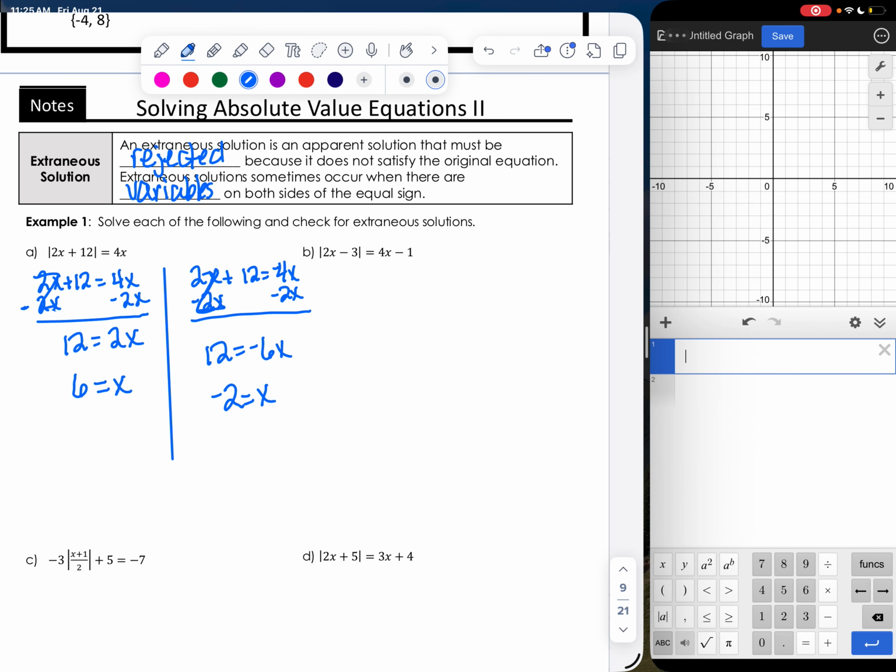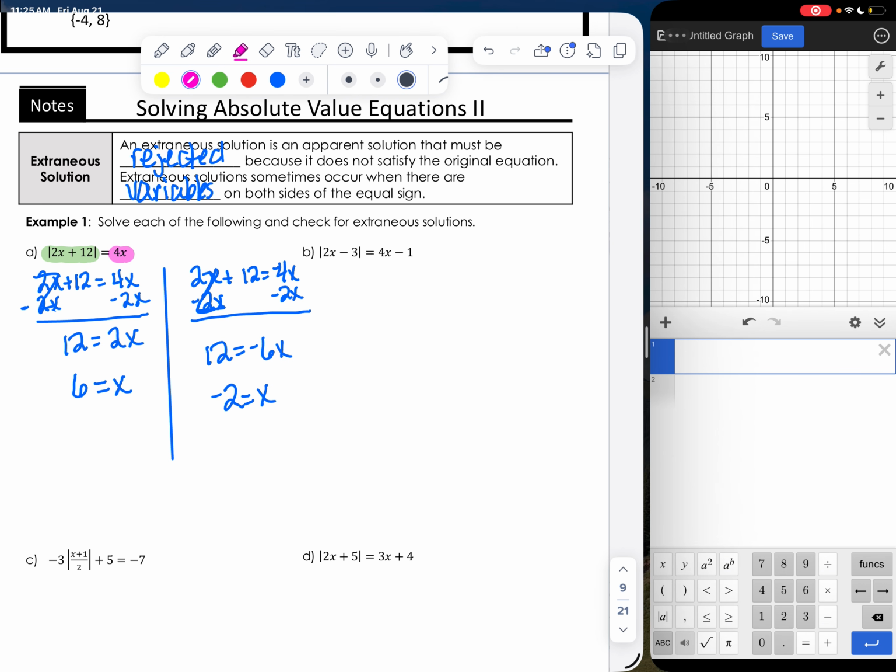So we have two solutions, and we want to check to see is one of them extraneous, or both of them extraneous, or maybe they're both legitimate solutions. So to check, I usually check on my calculator, and I take my original expression, absolute value of 2x plus 12, and then I want to see, does that equal 4x when I plug in my first solution?